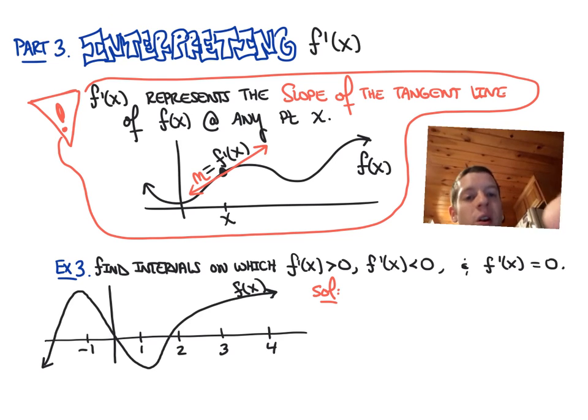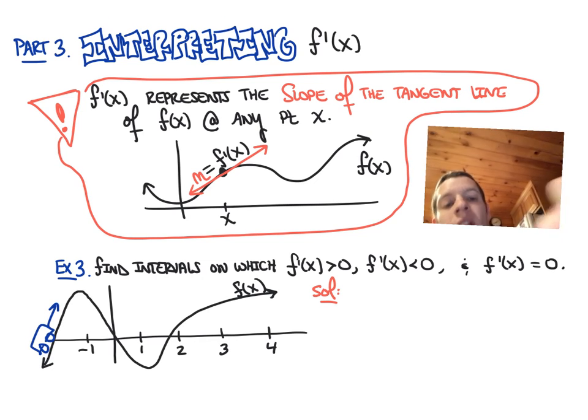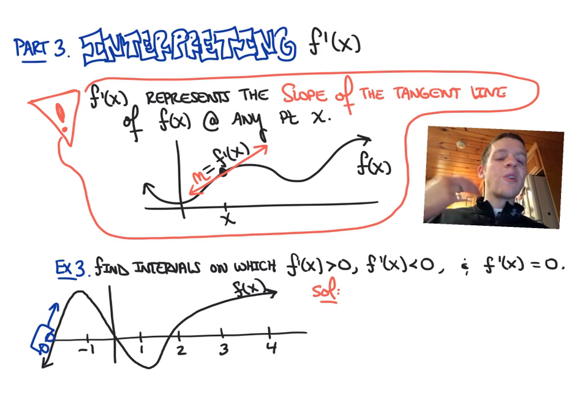So I always like the car analogy. Suppose you jump on a car and you're moving left to right. Whenever you're going uphill, those tangent lines are positive, or slopes are positive. That means your derivative is positive. If you're going downhill, your derivative is negative. Okay? If you peak out or hit a valley, then your derivative is 0.